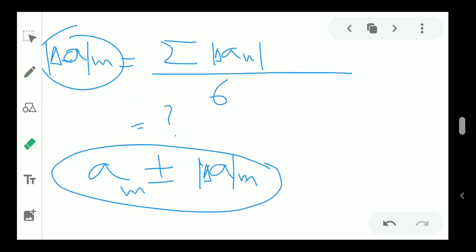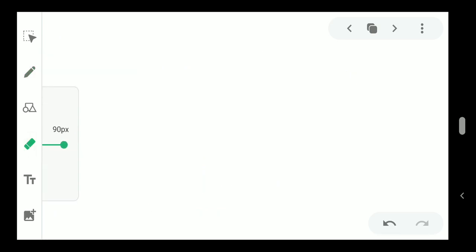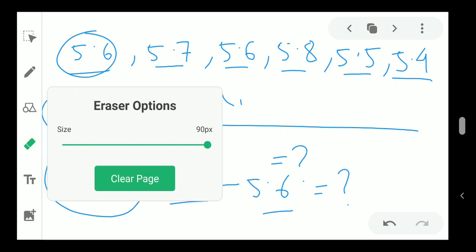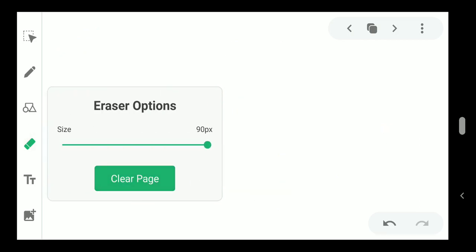Now, talking about some more interesting facts. Let's say A equals B plus C, and the values of B and C are given.